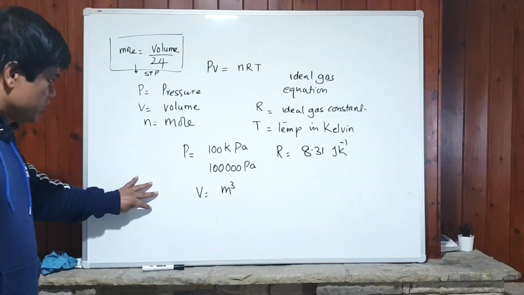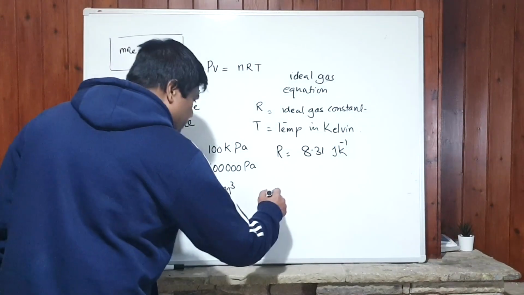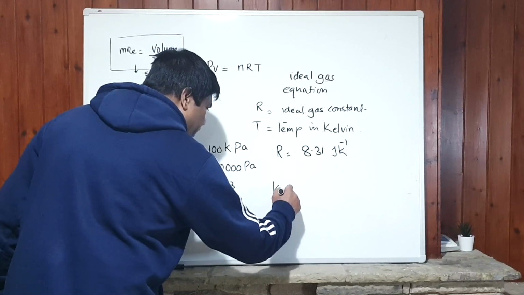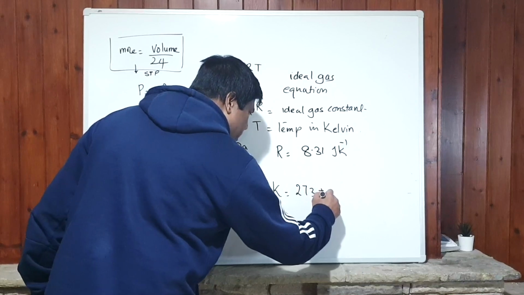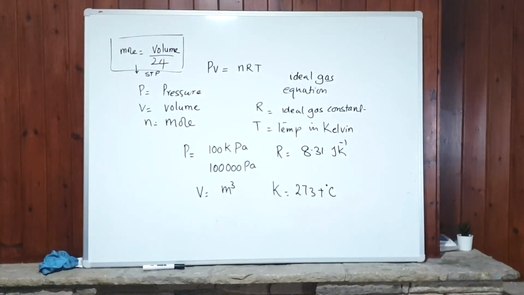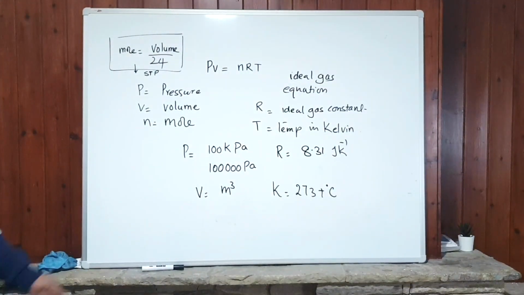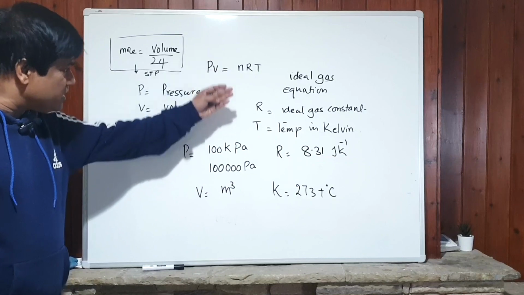How can we change Celsius to Kelvin? K equals 273 plus degrees Celsius. That's the conversion factor. Volume equals meter cube. These are the standard units.